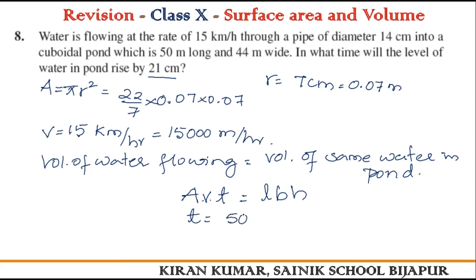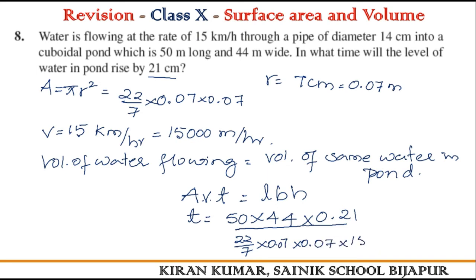L is 50 meters into 44 meters into 21 centimeter, which is 0.21 meter, divided by here we have the area, it is 22/7 into 0.07 into 0.07 into 15,000.